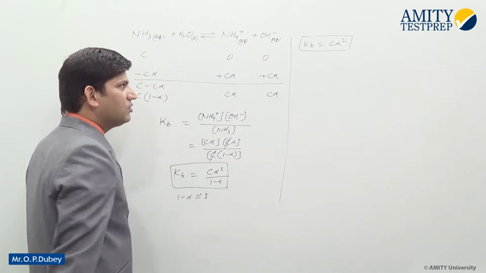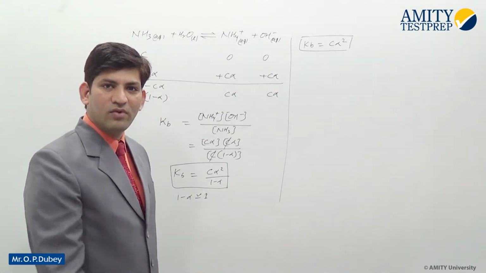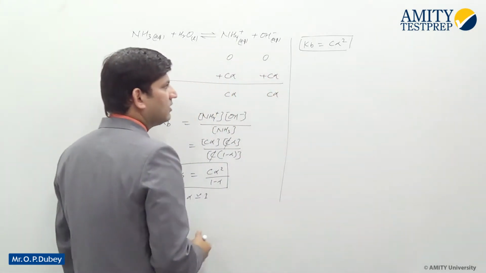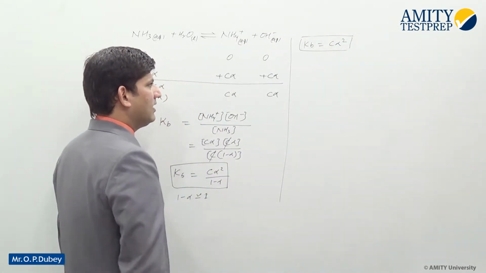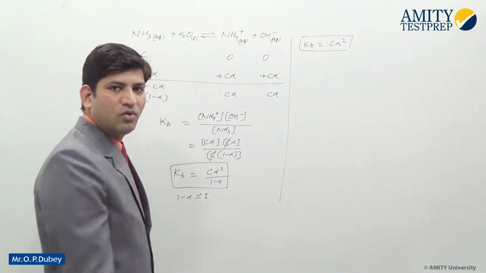This is the dissociation constant expression for the weak base, for the monoacidic weak base. And from this equation, we can calculate the degree of dissociation of this weak base as well as the concentration of the species present at equilibrium.